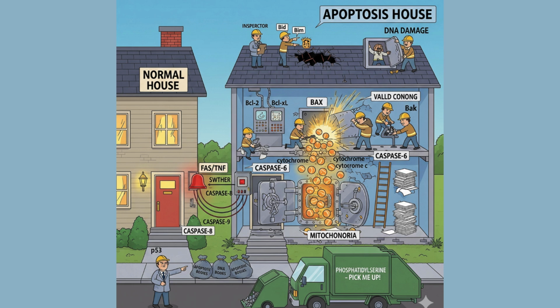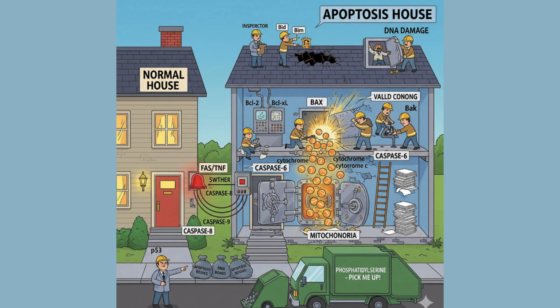And then we have our intrinsic pathway. It's mitochondrial, the vault inside the house. It's triggered when the house itself is too damaged and realizes it. Like if the DNA damage is so bad, p53 is activated, causing apoptosis.